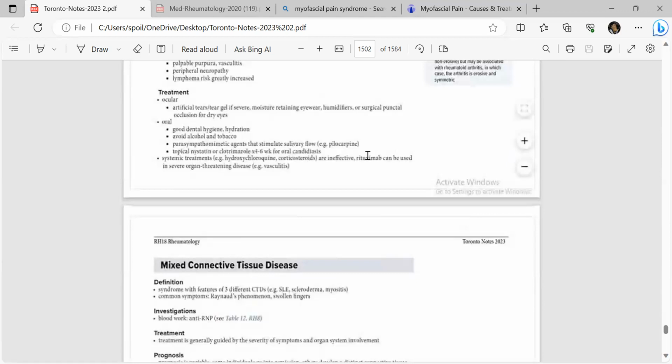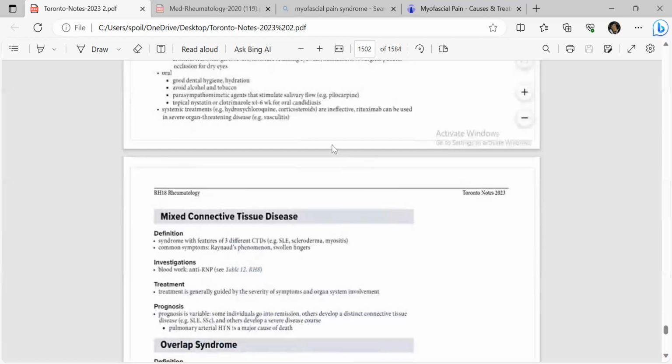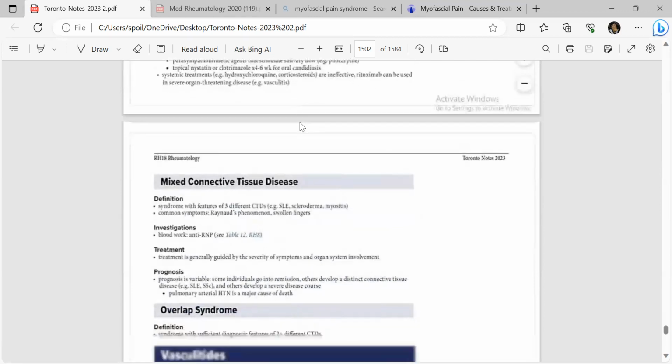Drugs like pilocarpine that increase the production of saliva, nystatin for the candidiasis, and systemically rituximab, which is given in severe organ-threatening disease, that is vasculitis. Systemic treatments like hydrocortisone and corticosteroids are ineffective, but rituximab can be given in severe life-threatening disease.